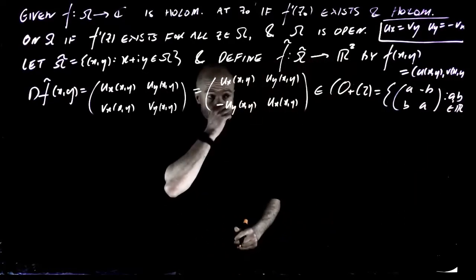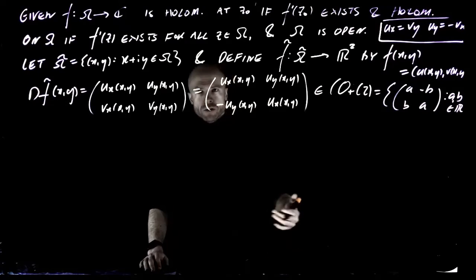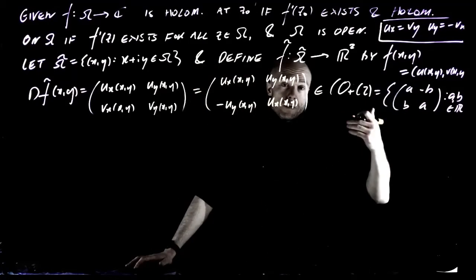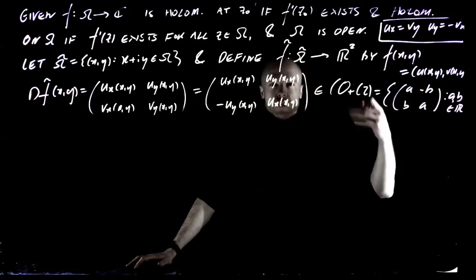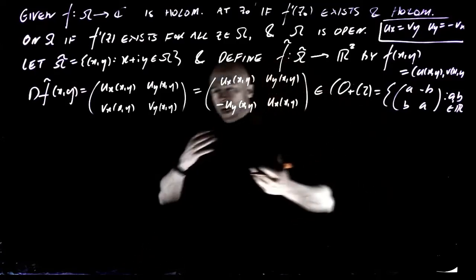Conformal matrices, as we already discussed, are just some lambda times a rotation.